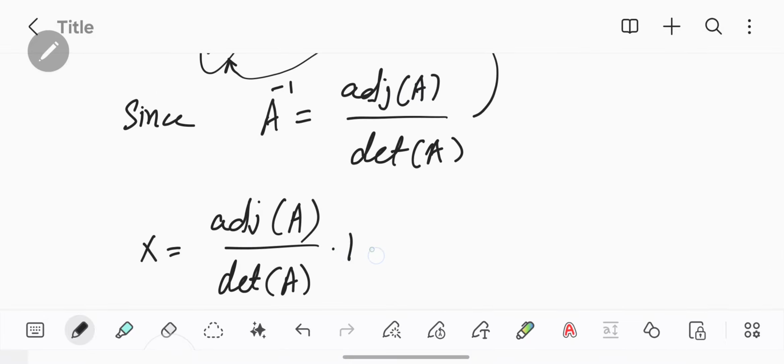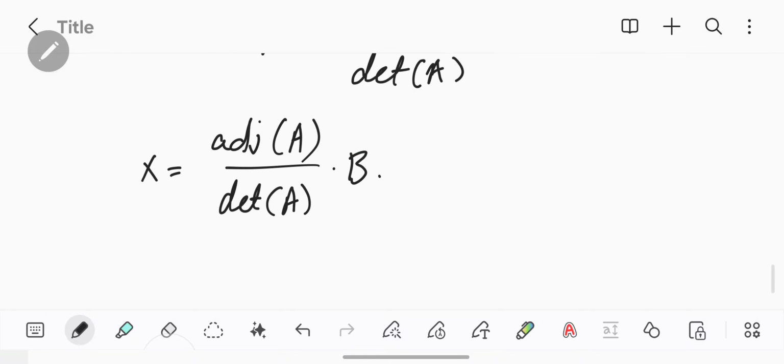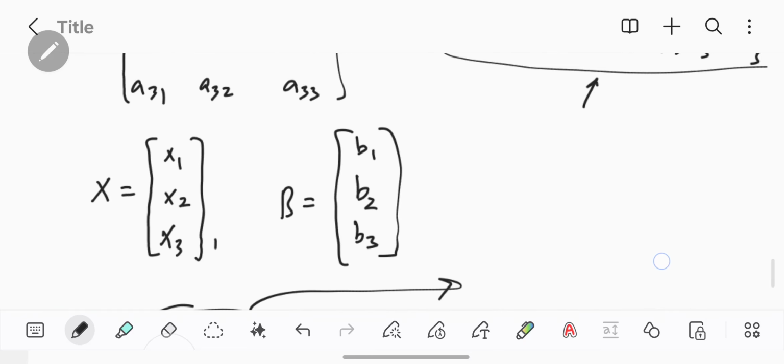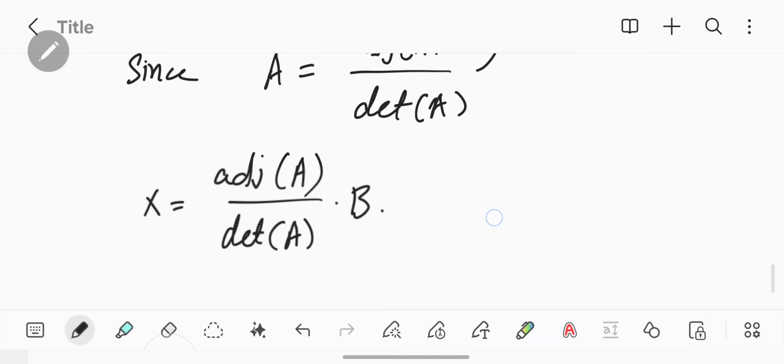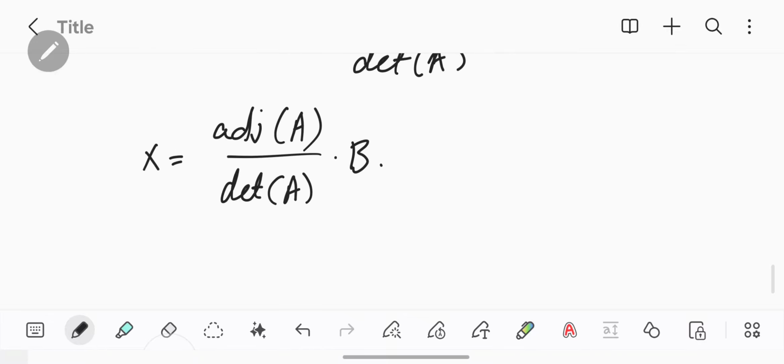So my X is equal to the product of these two matrices. And remember, what is the adjoint of A? If my A is this matrix, then the adjoint of A is what?